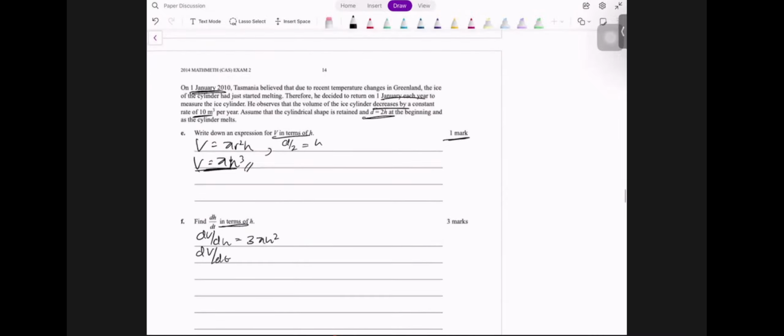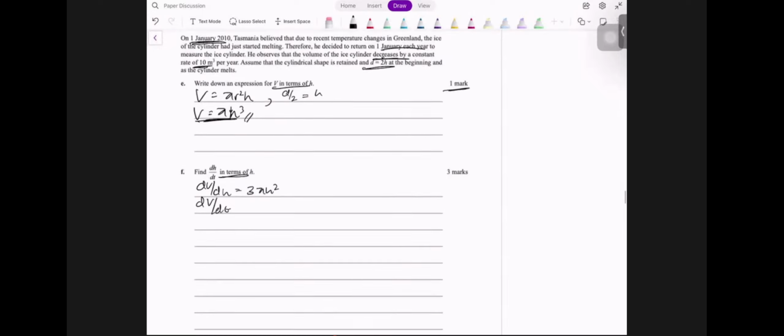Now you have to find dh on dt. Well, if we have volume in terms of the height and we have a rate for volume in terms of time, then we can use related rates. So dv on dh is equal to 3 pi h squared. dv on dt, now remember, the rate is decreasing by this much. So if it has a decreasing rate, then we have to introduce a negative, which is negative 10. Also, really notice the units as well.